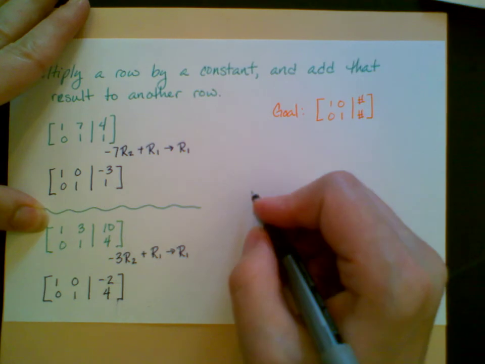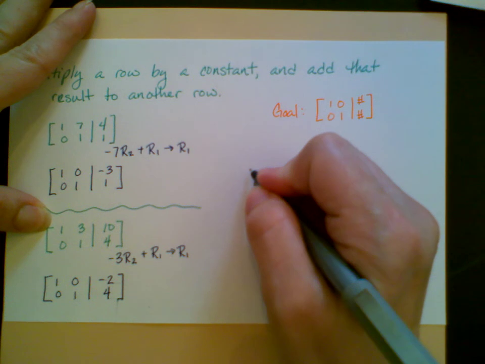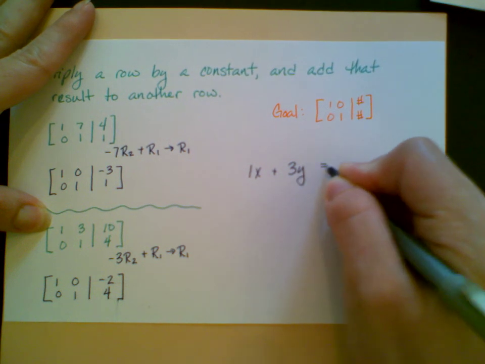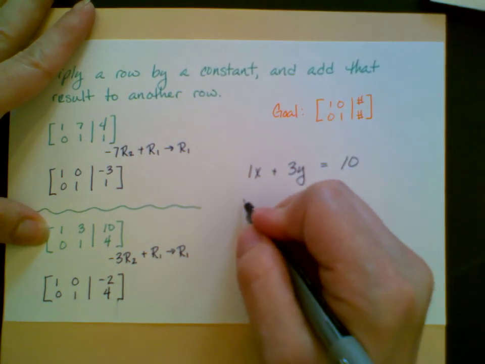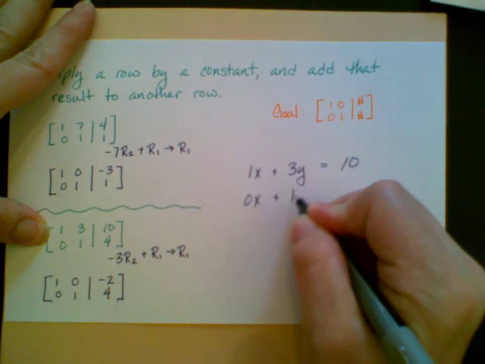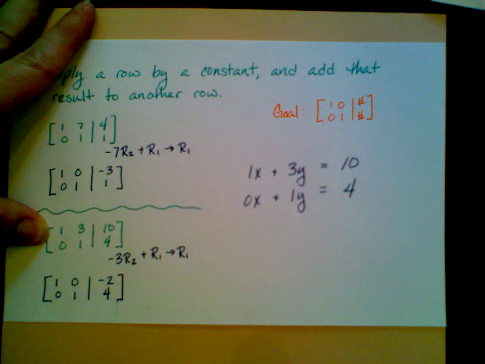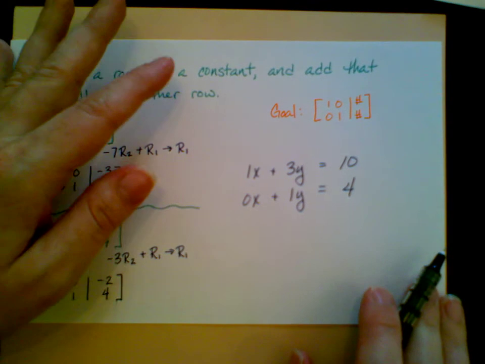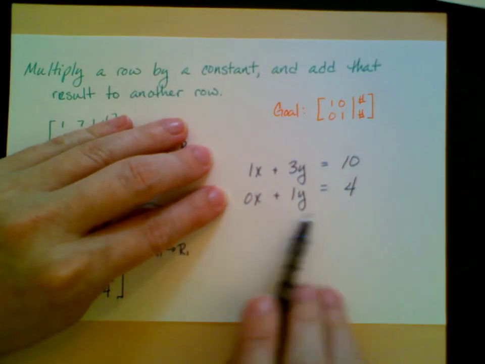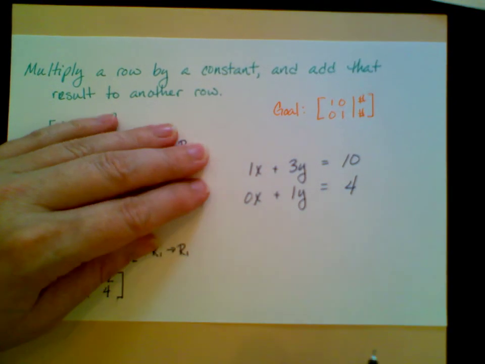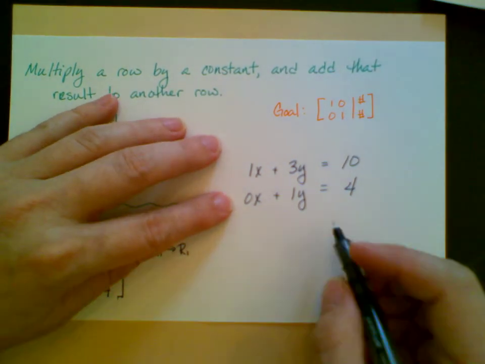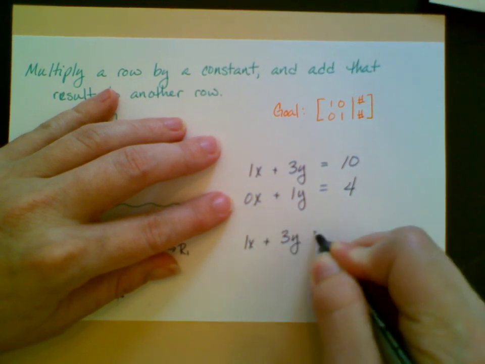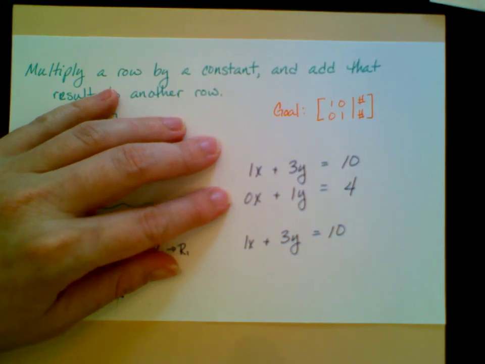This system of equations is 1x plus 3y equals 10, and 0x plus 1y equals 4. Now, this is not nicely set up for eliminating y's. And yes, of course, if you were just after solving this, you could easily solve it by substitution. But the purpose of this example is not to get an answer, but to build understanding of a larger process.